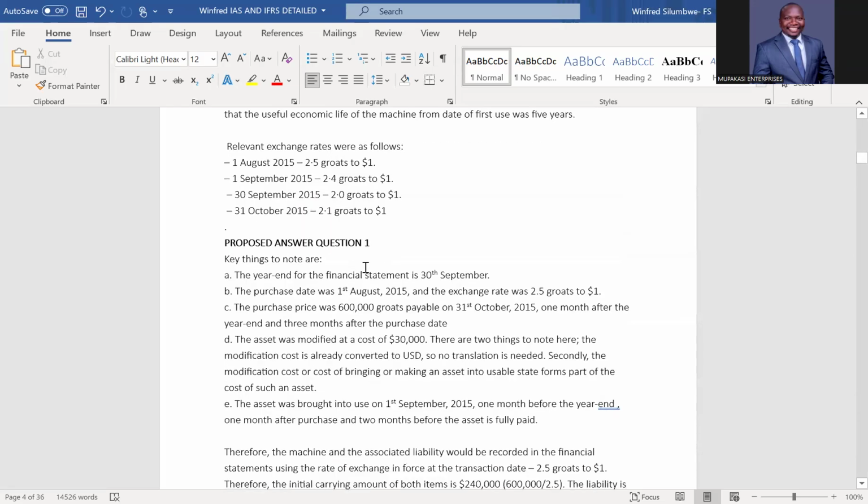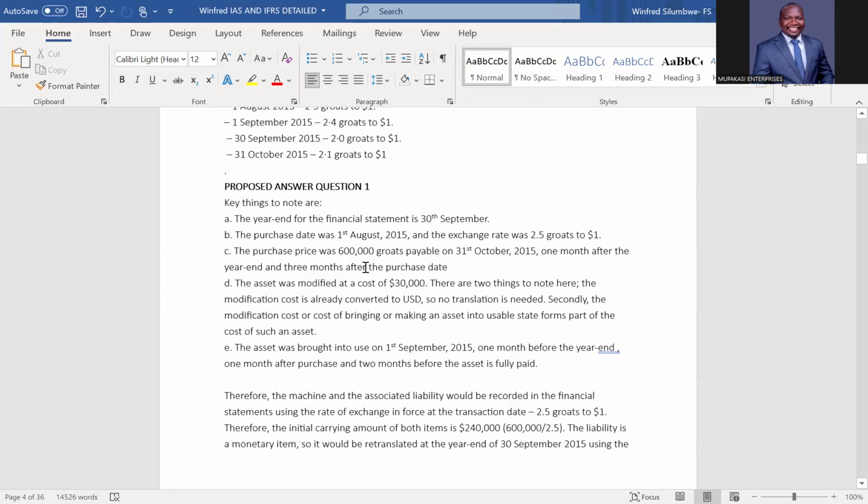And even when you get to the year end, an asset is a non-monetary item, so you cannot retranslate. The same value of 240 will still apply at the end of 2020, 30 September.